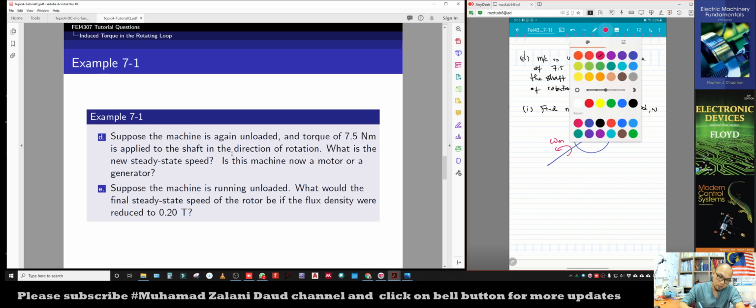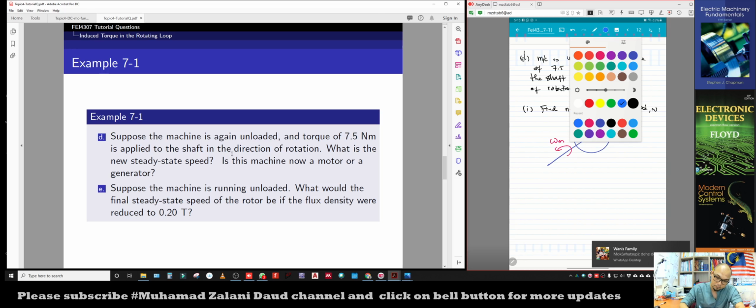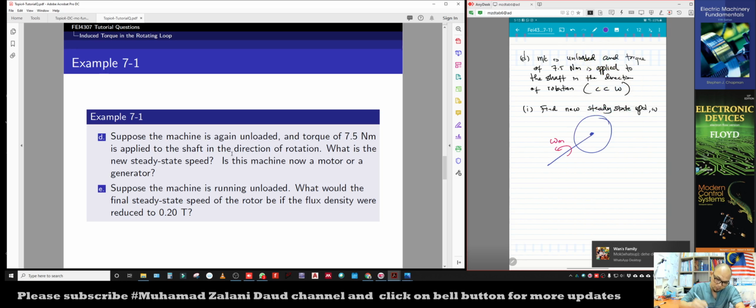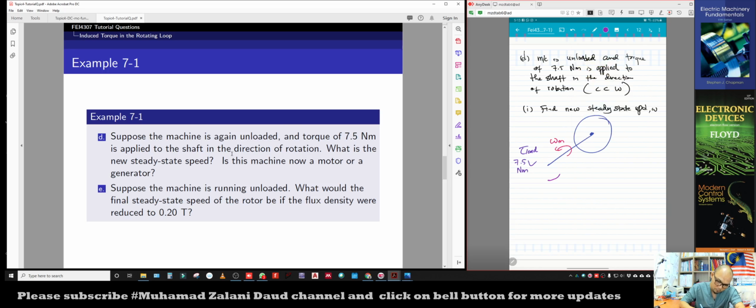Then we apply the load of 7.5 Newton meter, tau load, in the same direction of rotation, counterclockwise as well.